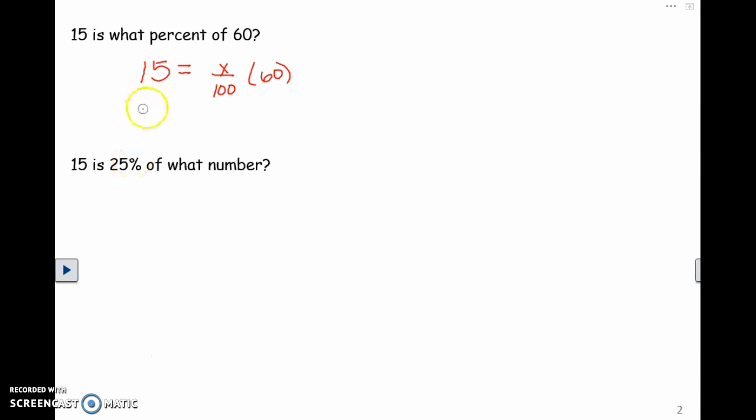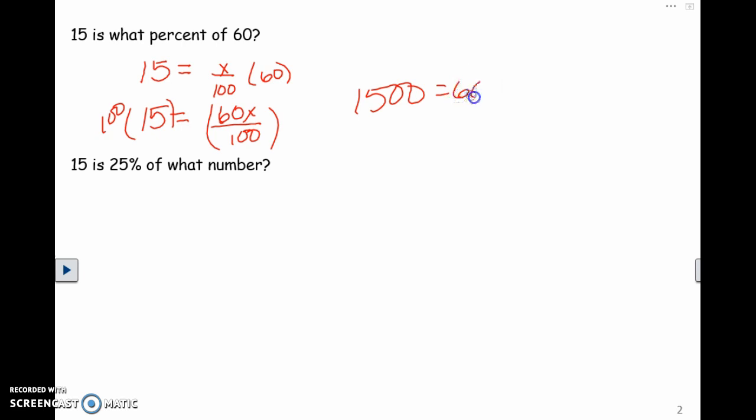So really, I have 15 equals 60x over 100. That means I need to multiply both sides by 100. I have 1500 equals 60x. My next job is to divide. Should get 25.